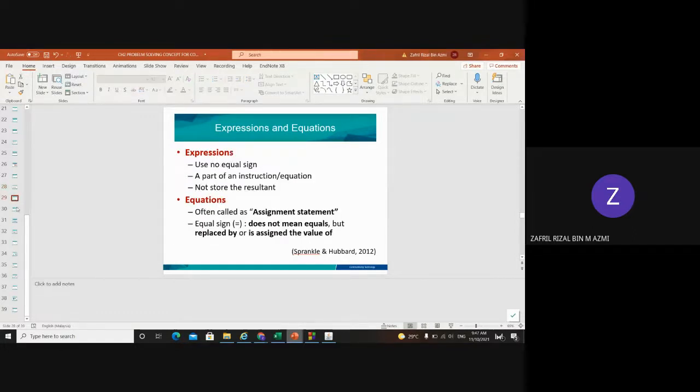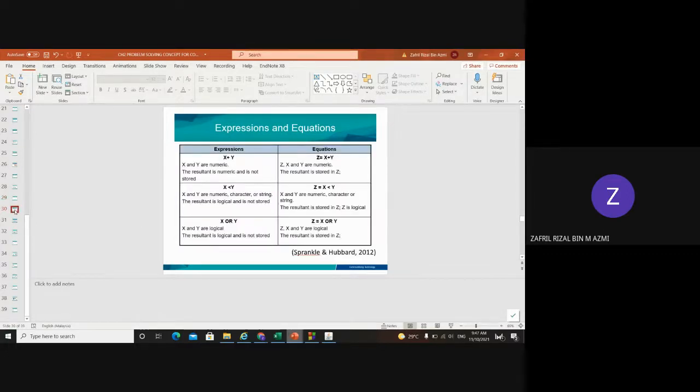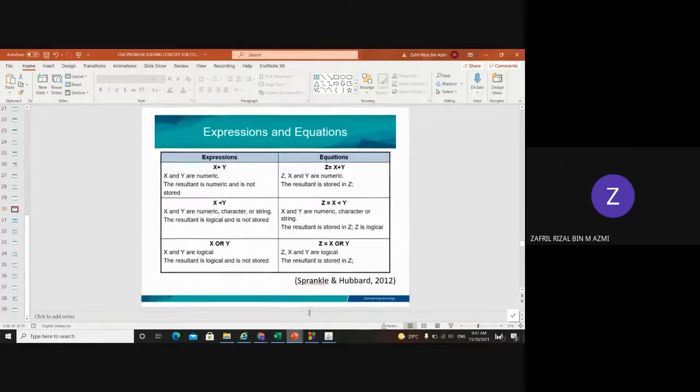The equal sign means we store the value somewhere. This is just an example of equation and expression, and it can be applied to any operator or combination of operators.